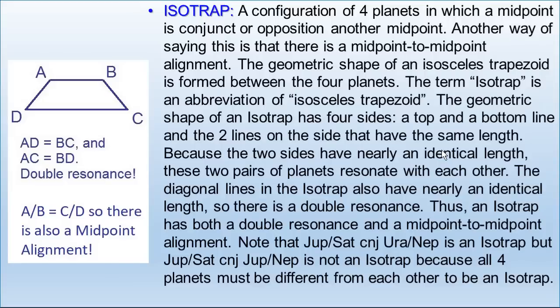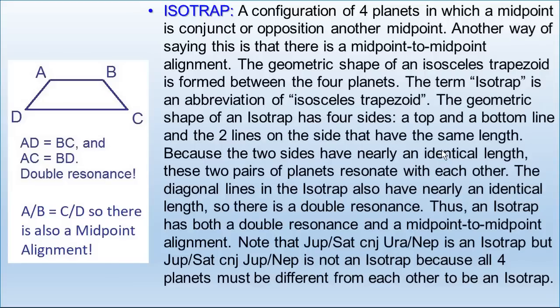Okay, so there you see the use of the word alignment, which was the first thing we started discussing in this video. And we end up using that word alignment in the context of isotraps, that there's a midpoint to midpoint alignment. There the word alignment is handy because otherwise we have to say a midpoint is conjunct or opposition to another midpoint.